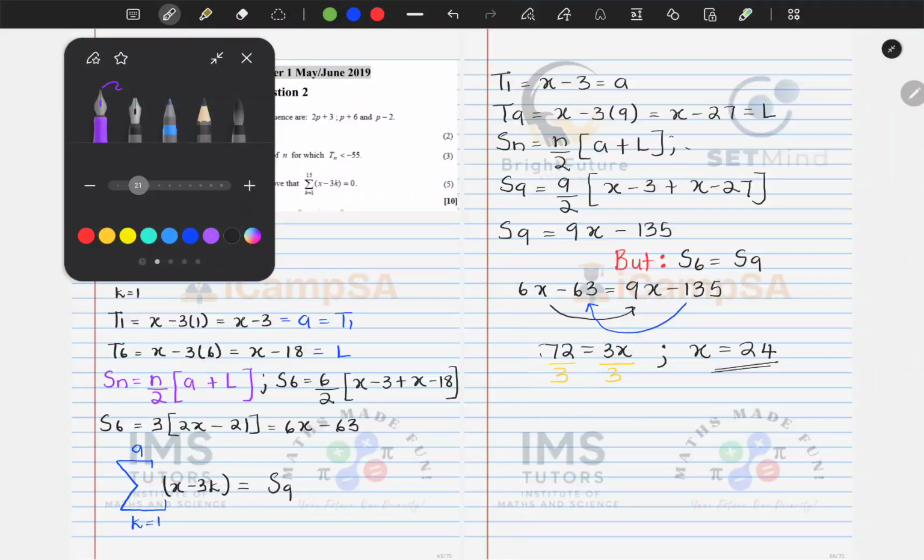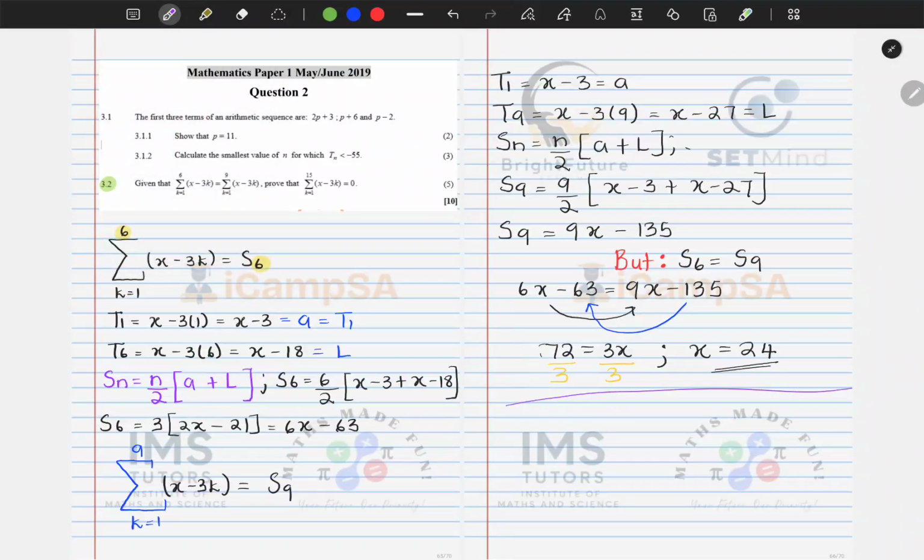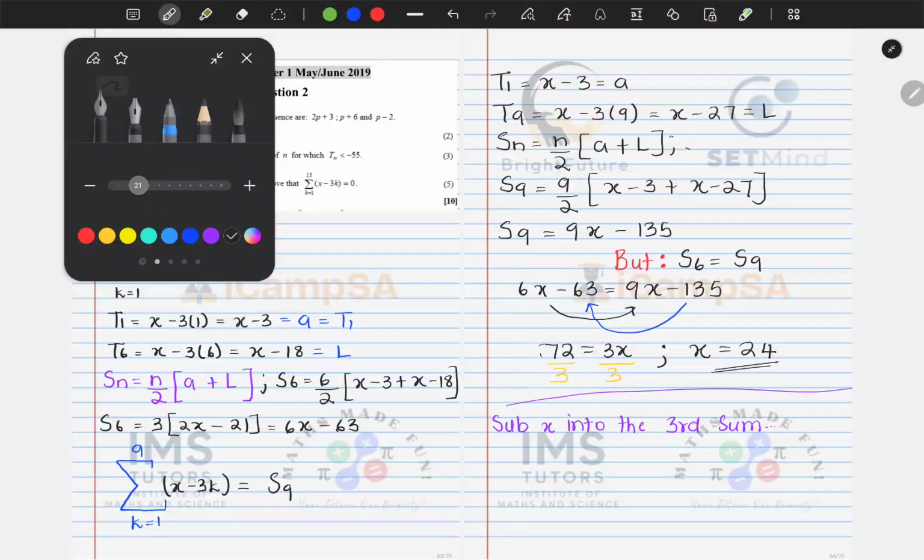So now that we have 24, what are we going to do with the x? Now what we are going to do is we are going to sub x into the third sum, which is what we are trying to show, that it will actually amount to 0.